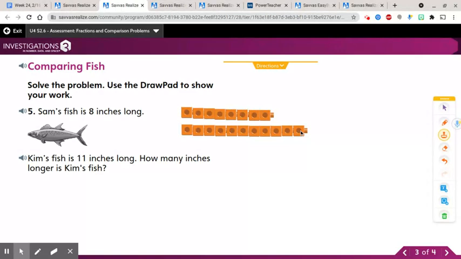Very good. All right, so you can take a minute and build yours.